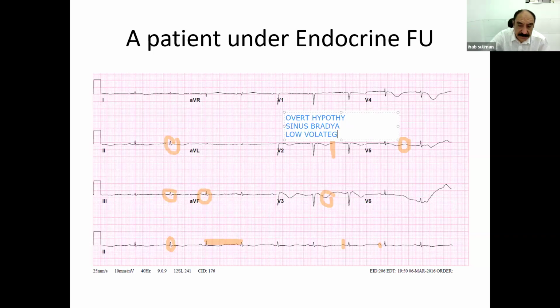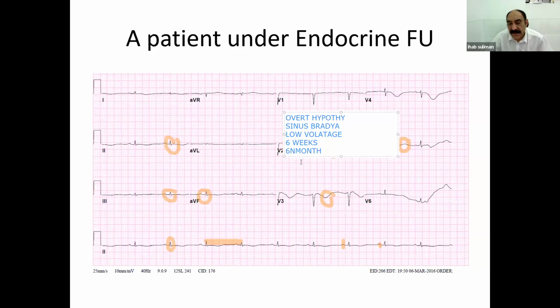So sorry, I didn't write it correctly. So what we need is to actually do good replacement of thyroxine and to repeat the ECG and echo within 6 weeks to 6 months. So 6 weeks minimum to ideally 6 months.